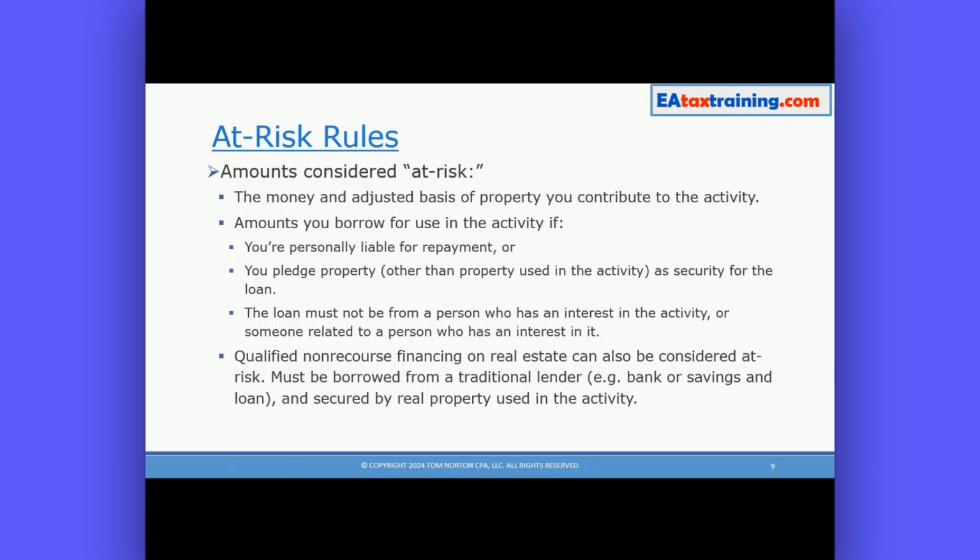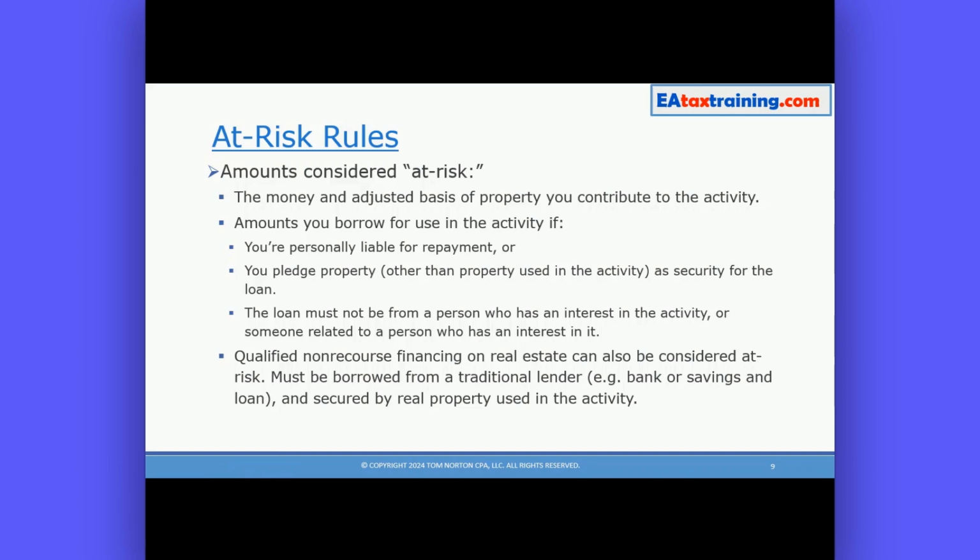So if the loan is not paid, the bank is going to take the building. That would be considered qualified non-recourse financing, since the partners do have something to lose. They've got this building that they own jointly as partners in the partnership, and if the partnership doesn't pay the loan back, then they are all going to lose that building. So they've got an amount at risk.